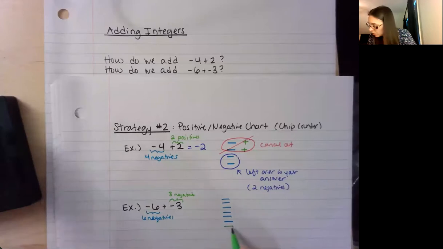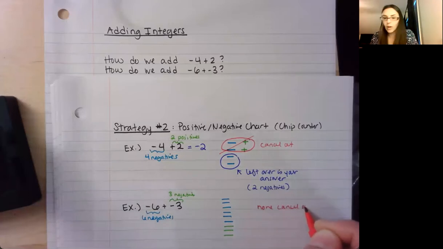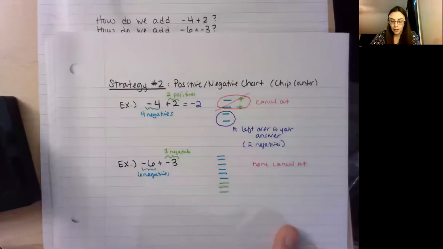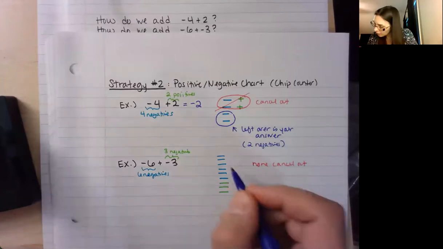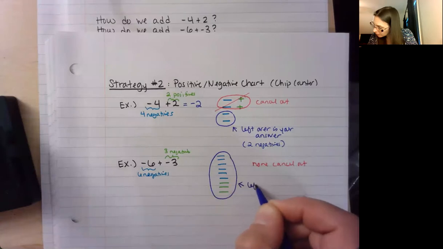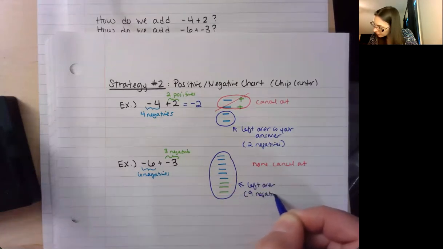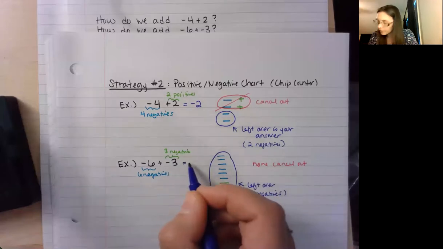And then I have 1, 2, 3. So notice that none cancel out, right? Because I don't have any positives to cancel with. So I have everything left over. And what do I have left? Well, I have 9 negatives now. So my answer is -9.